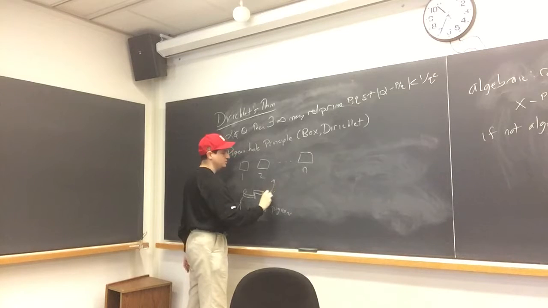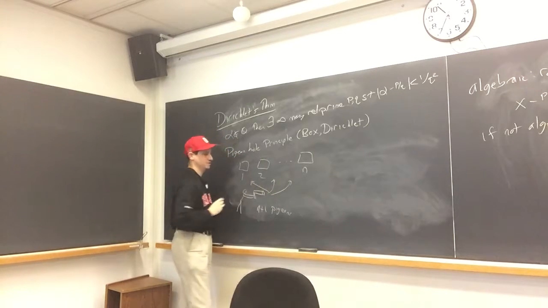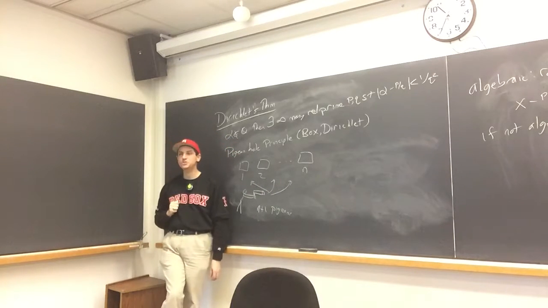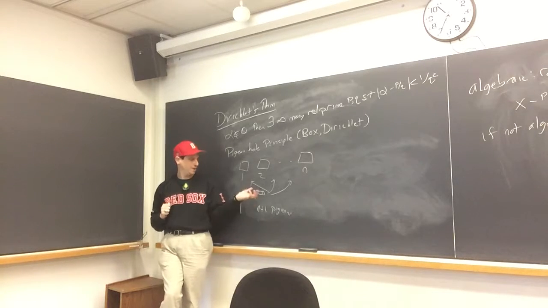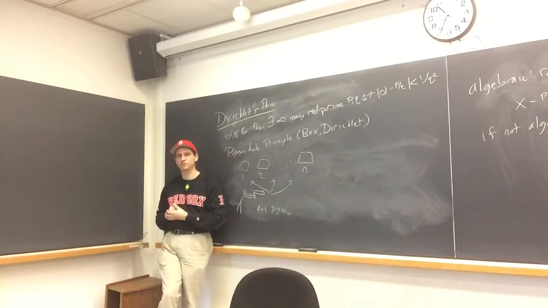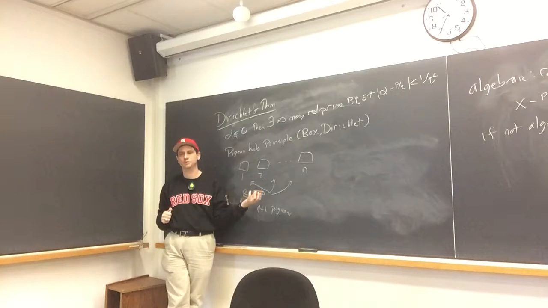And we shoot the pigeons into the boxes. Each pigeon is shot into a box, but I have complete freedom in terms of which box I shoot the pigeons into. So if you haven't seen the pigeonhole principle before, I'm shooting n plus 1 pigeons into n boxes.